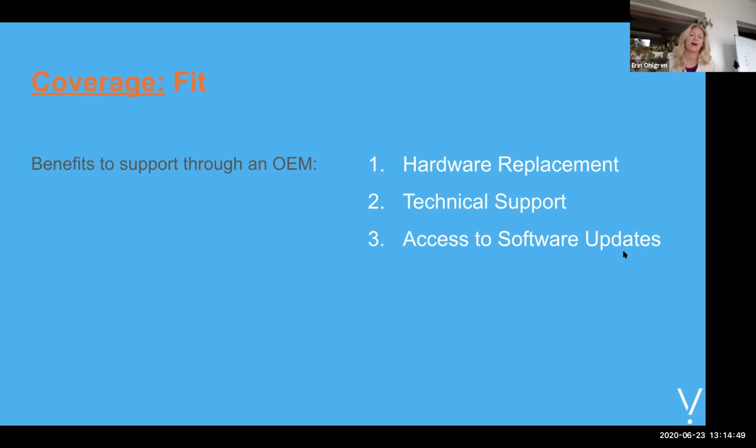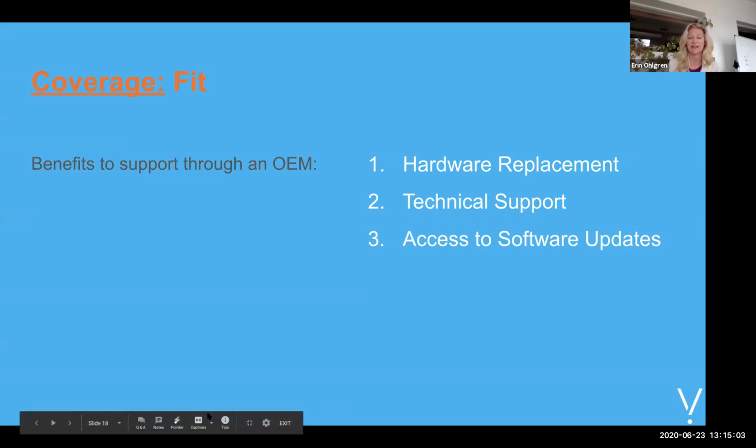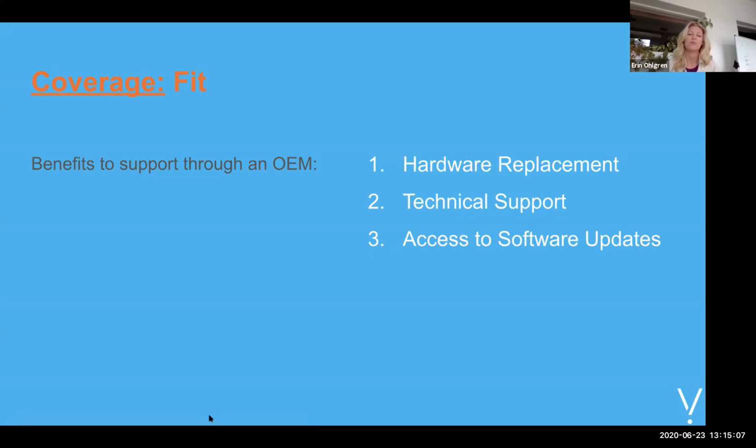So when considering whether or not a device is a good fit to move over to third-party maintenance, it's really going to hinge on that third piece, because you can get the same, if not better, hardware replacement warranty and the same, if not better, technical support from many independent contractors and groups out there. So really, what determines a good fit for third-party maintenance comes down to the software component. And we can talk a little bit more about that as we move on.